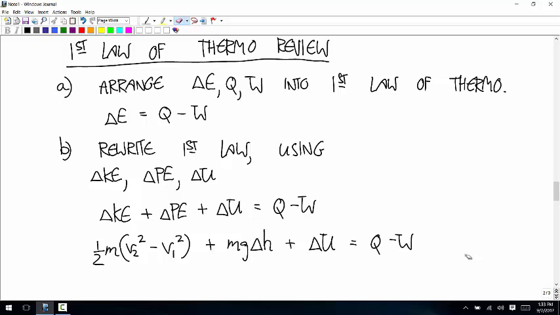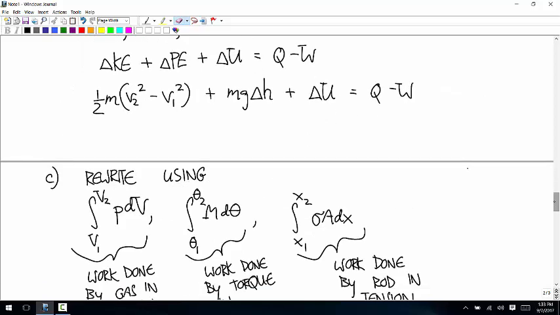If we wanted to expand it even more, we could take the time derivative of those integral expressions for the differential form.